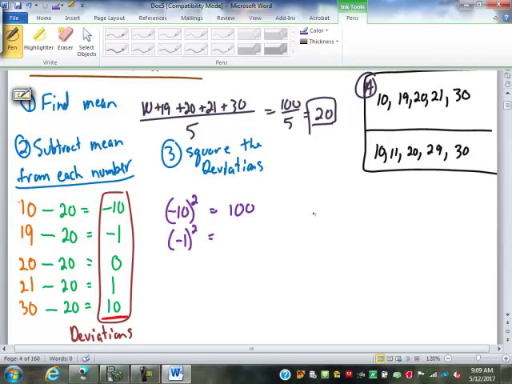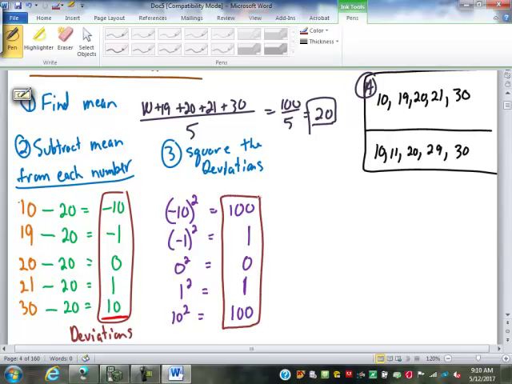Negative 1 squared is 1. 0 squared? 0. Positive 1 squared? 1. And finally, 10 squared is 100. These are what's referred to as the squared deviations, which makes sense. We just took the deviations and we squared them.